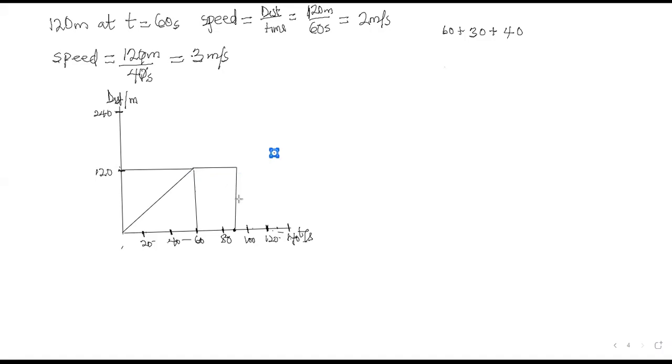Then she returned home for another 40 seconds. So 130 is here. So this time must correspond to a distance of this.